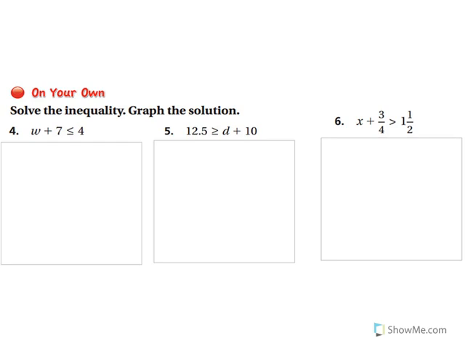For our first problem, we have w plus 7 is less than or equal to 4. So I'm going to do the inverse of adding 7. I'm going to subtract 7. I'm going to do that to both sides. And the 7 minus 7 cancels out, leaving me with w is less than or equal to.